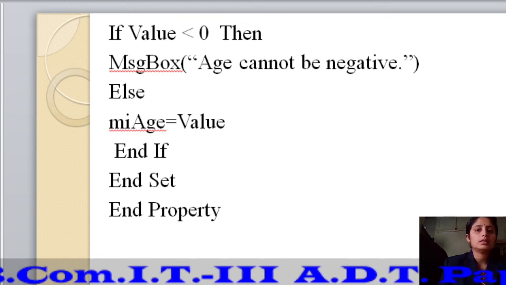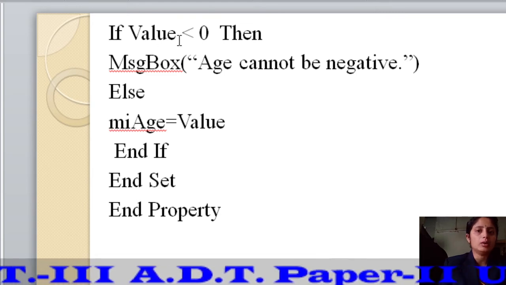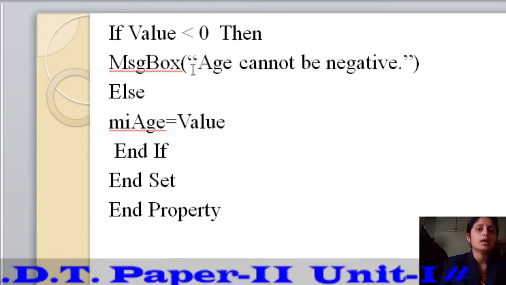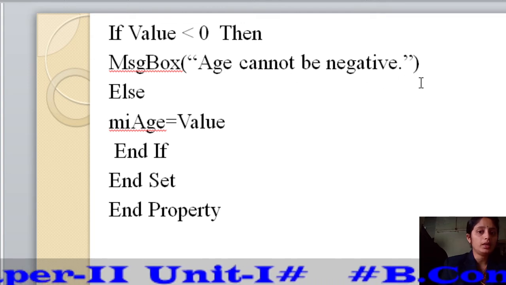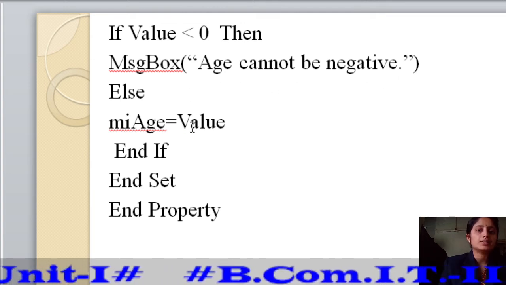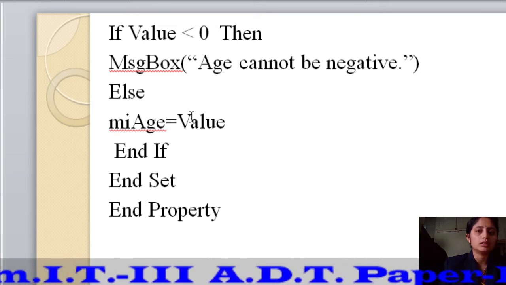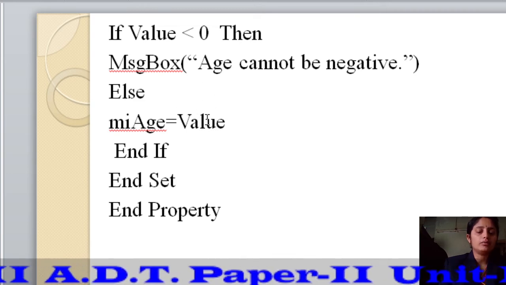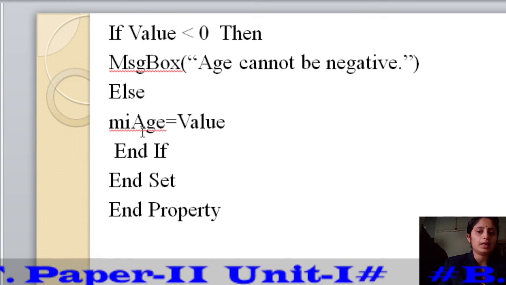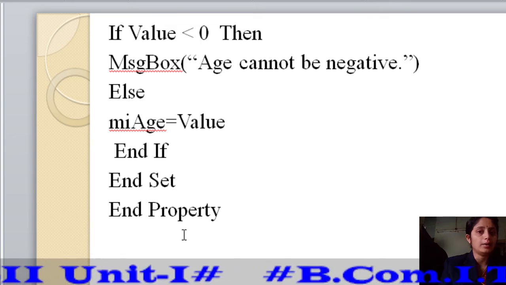Here there are some validations. If value is less than 0, then MsgBox("Age cannot be negative"). Else meAge = value, meaning whatever value is in the value variable is assigned to meAge. End If, End Set, and End Property.